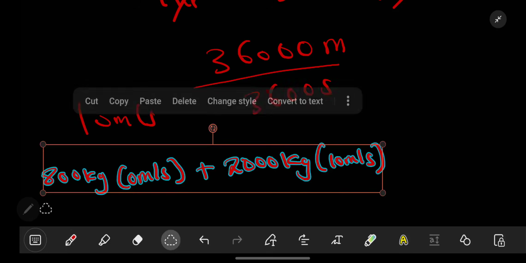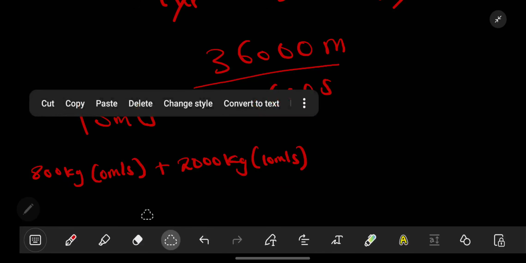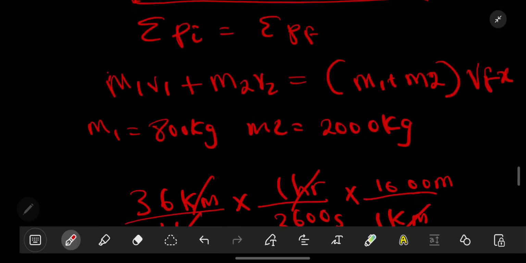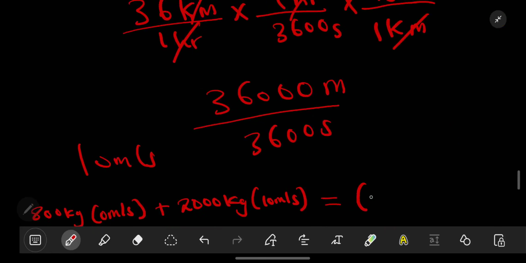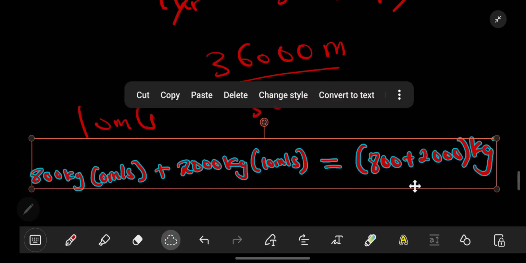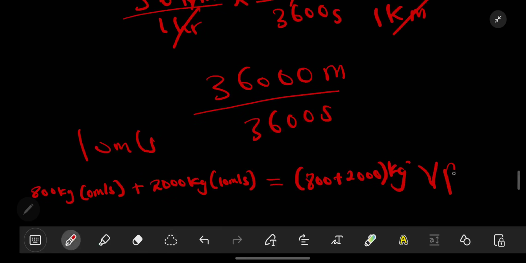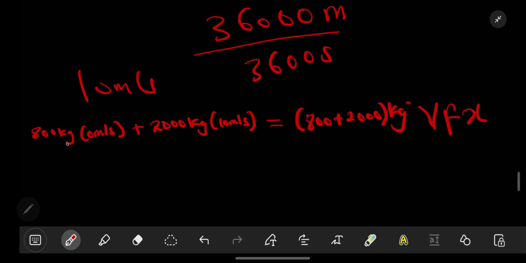Reducing this, it should be equal to M1 plus M2, which is 800 kg plus 2000 kg, times the velocity final in the x direction. So 800 times 0 is 0, plus 2000 times 10.